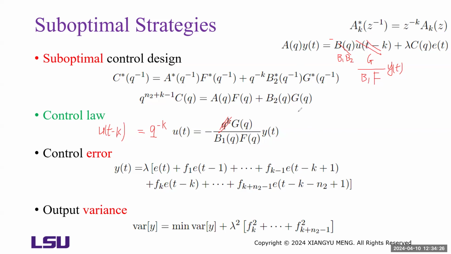Then we have something like this. On the left hand side we have AF, then plus B2G, times y(t). Then here we have lambda times B1 CF e.